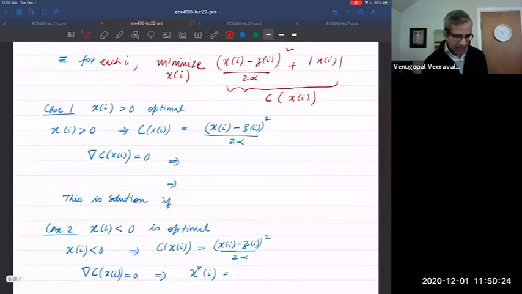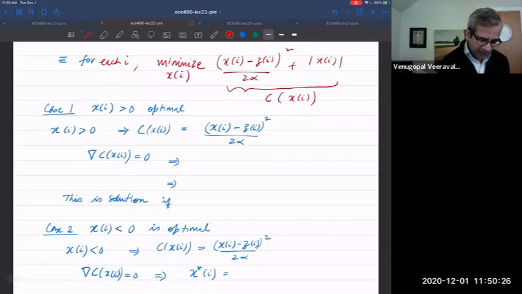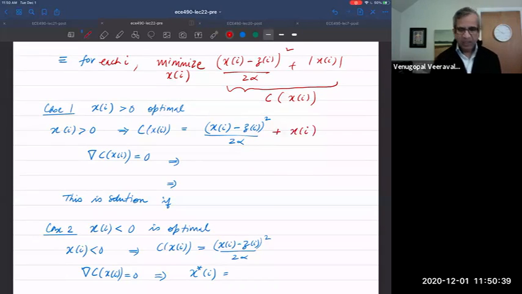Then having xi be positive means that C of xi is this plus xi, right? The absolute value is replaced just by xi itself. And since that's optimum and my function is convex and differentiable, the derivative has to be 0 at that xi.